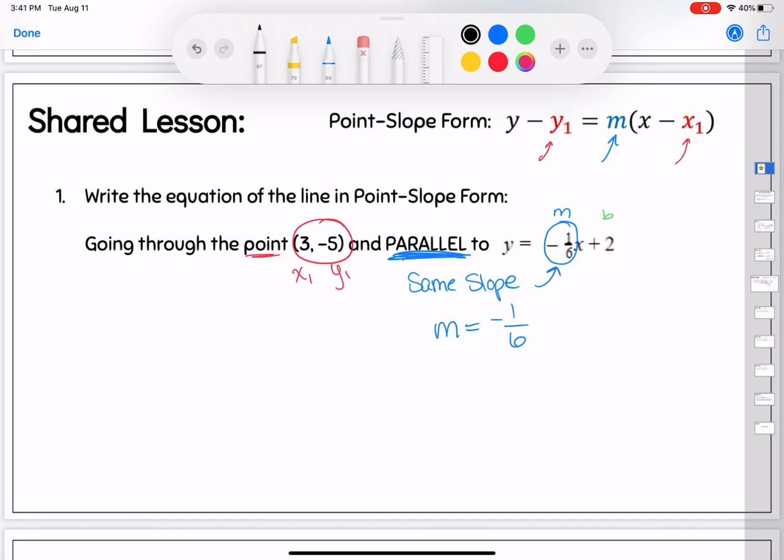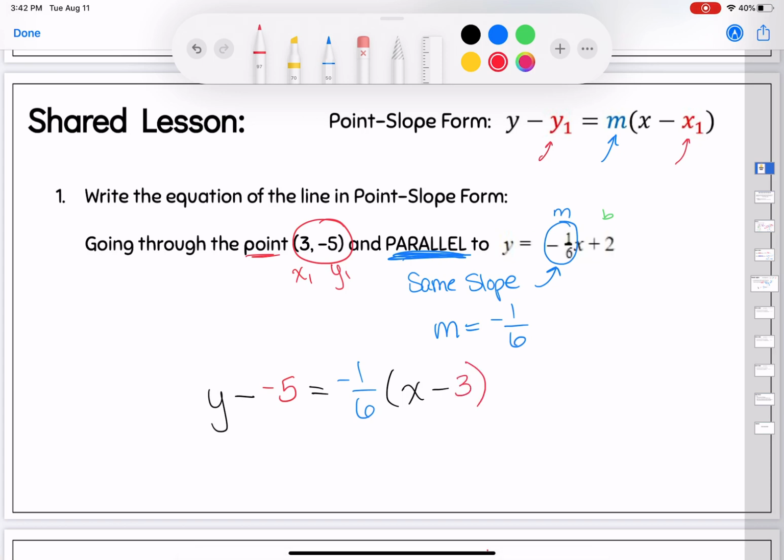So my equation would be y minus y1, which is -5, be careful, watch your negatives, equals m, which we just discovered was -1/6, parentheses, x minus x1, which was positive 3.